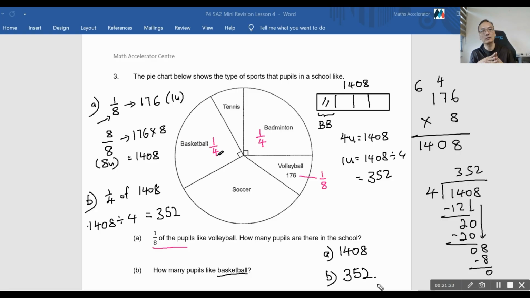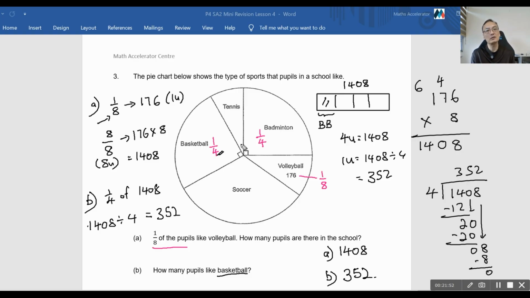Right, as you can see, pie charts are very much related to fractions at P4 level. So there are a few things we need to take note of. Wherever we see a 90 degree angle, or right angle, we will know that this portion is equal to 1/4 of the total. Basketball is 1/4 based on the 90 degrees here, and badminton is also 1/4 based on the 90 degrees here.